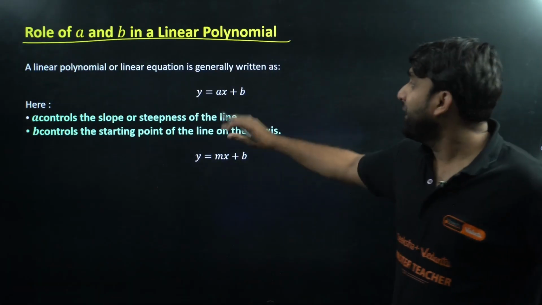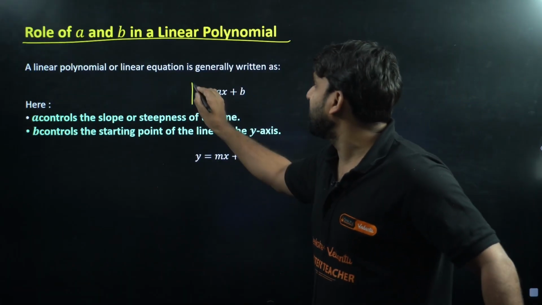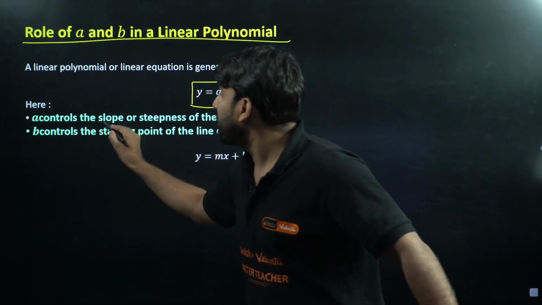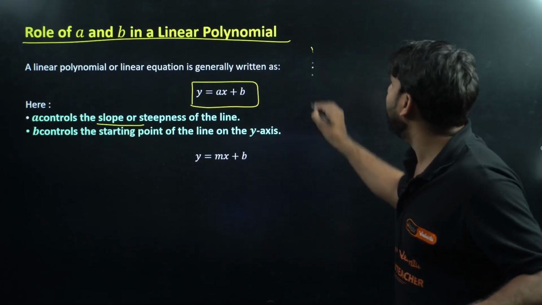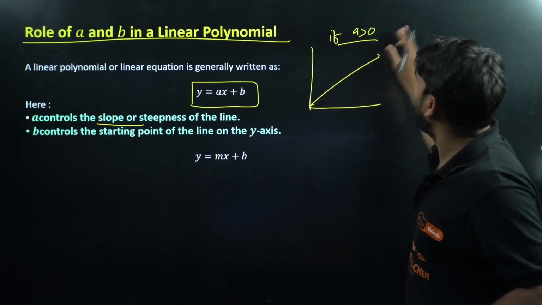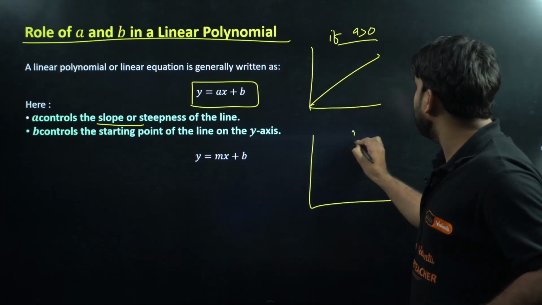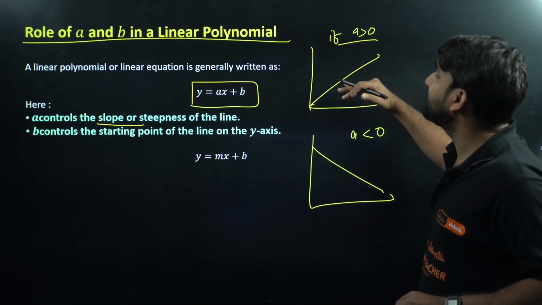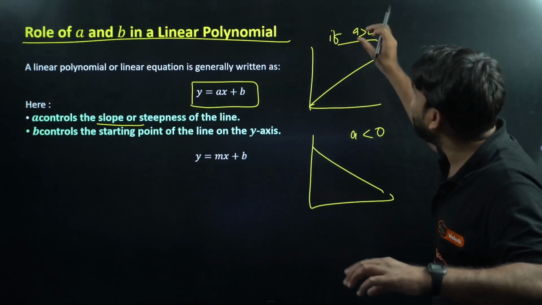Next slide, role of A and B in a linear polynomial. If you write any linear polynomial in this form, y is equal to ax plus b, then A controls the slope. I have already told you, if A is greater than 0, the slope will be this, and if A is less than 0, meaning A is negative, the slope will be this, right? So whether the slope is positive or negative, A decides.